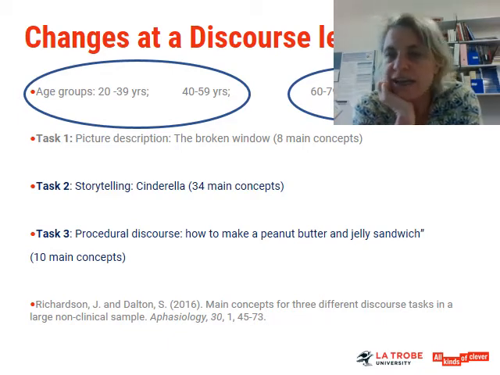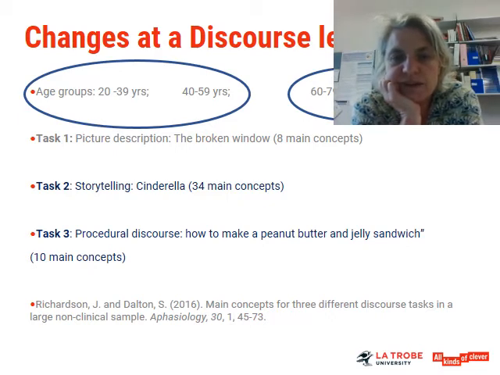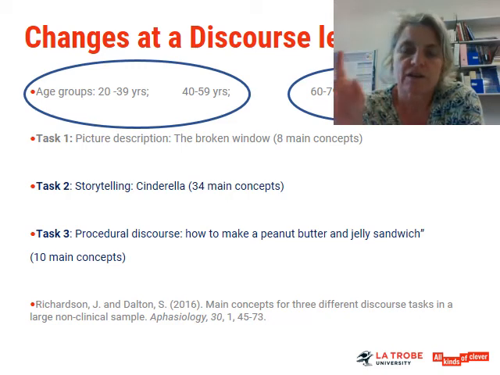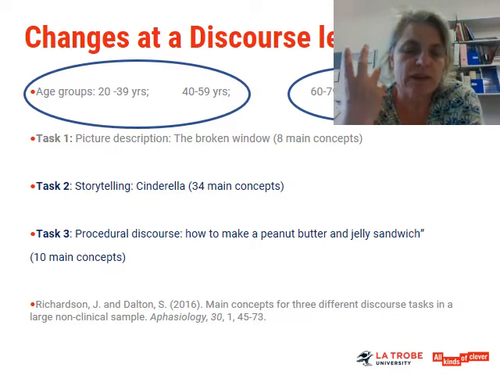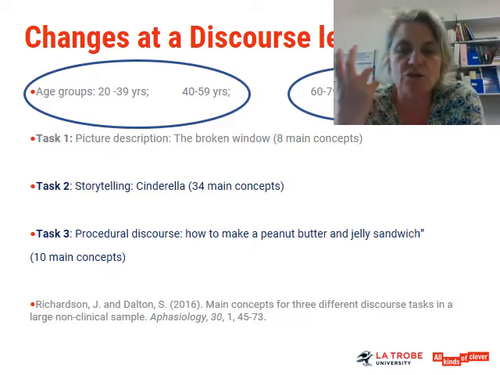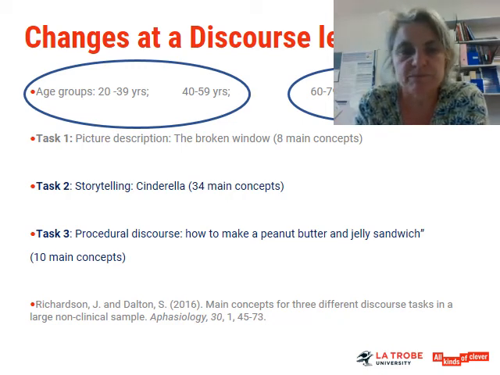In fact, there are only 8 main concepts in it. And also there are pictures to help the person tell the story. They don't have to remember so much about where they're up to in the story or what the story's about, because they've got the pictures there to help them.